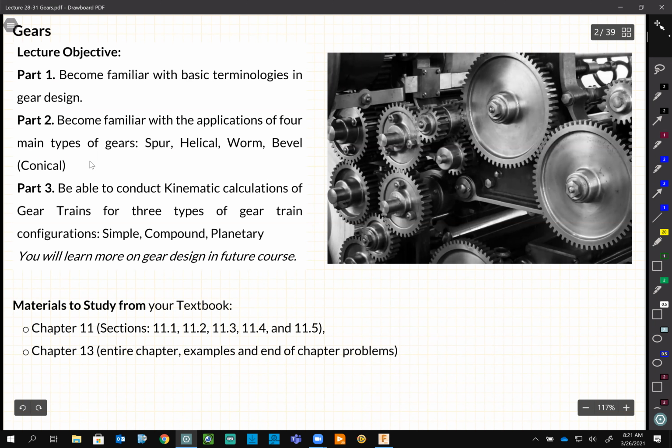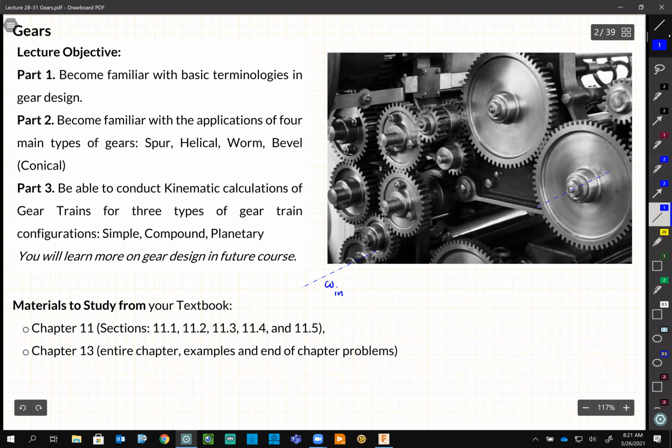Very briefly, the focus of our lecture in this course is going to be part 3, which is when you want to design a gearbox, getting from one speed to another speed, what should be the input and what should be the output. For example, this is my input. Let's say this is where the motor is attached.